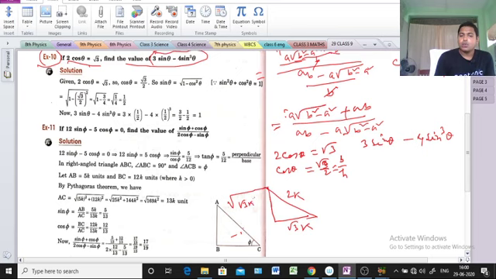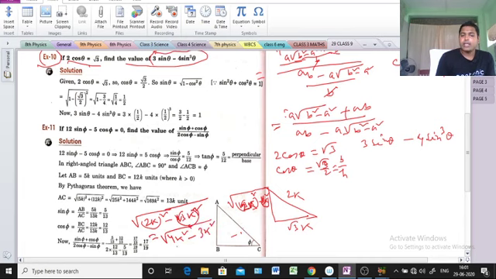Since the hypotenuse is bigger, the perpendicular squared is 2k whole square minus root 3k whole square. 2k whole square means 4k square, and root 3k whole square means root 3 square, which is 3, and k square.